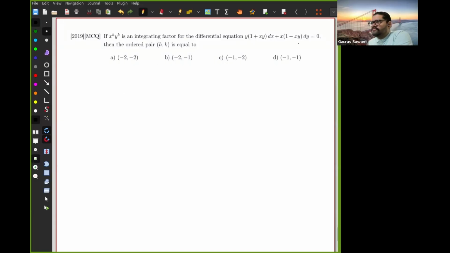So let's have this question. I have M equal to y plus x y square. I have N equal to x minus x square y. And I have already been given mu(x,y) is equal to x power h y power k.